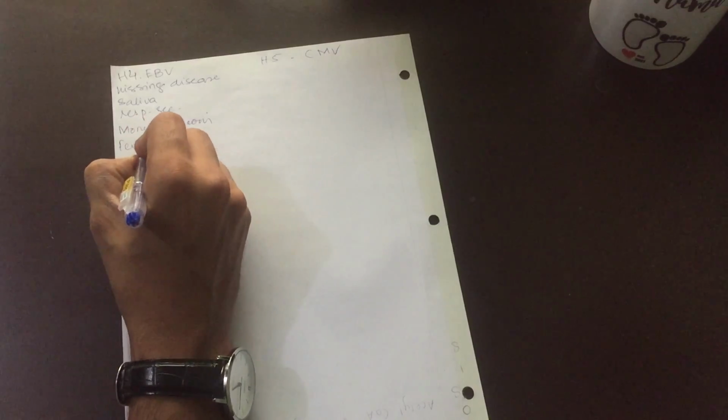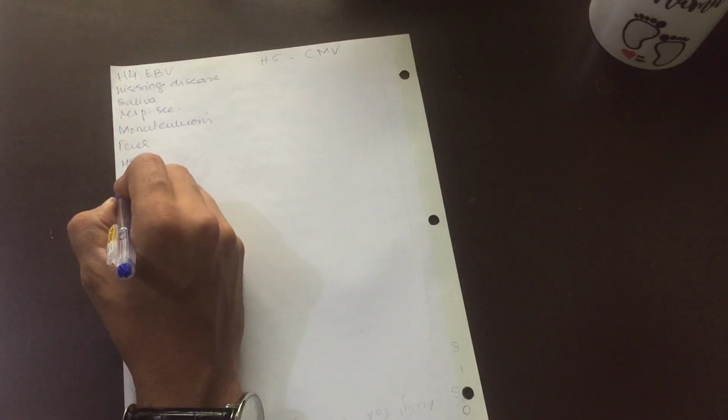It can cause mononucleosis, which is fever and hepatosplenomegaly, so the spleen is enlarged, the liver is enlarged, so no contact sport, because there is a risk of splenic rupture.